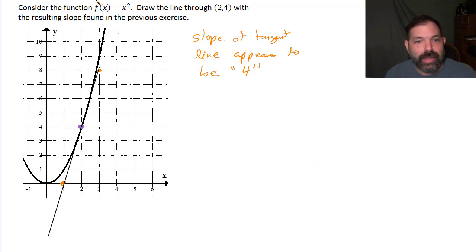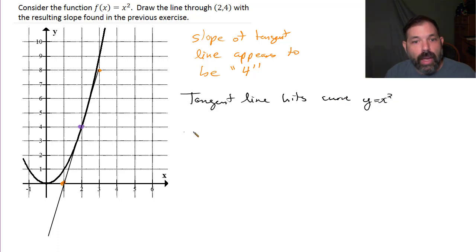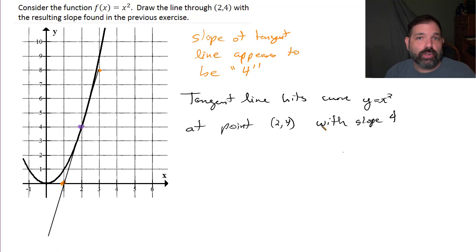So it appears that the tangent line hits the curve y equals x squared at the point 2, 4 with slope 4. Now it's just coincidence that those 4's are the same. That's just coincidence. And we can write the equation of that line.